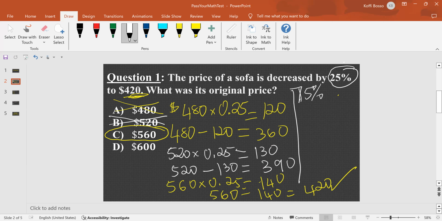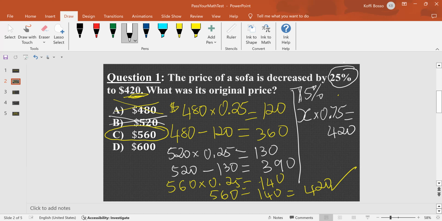Because the entire price was 100%, and they take 25% off, so now we are paying for 75%. So if you take the original price X and multiply by 0.75, 0.75 being 75%, you should get 420, because that 420 is not the discount. The 420 is the price after the discount. So the original price multiplied by 0.75 should give you 420.